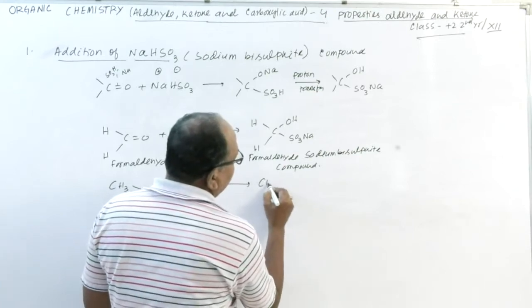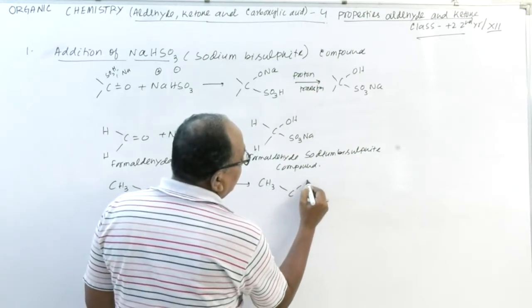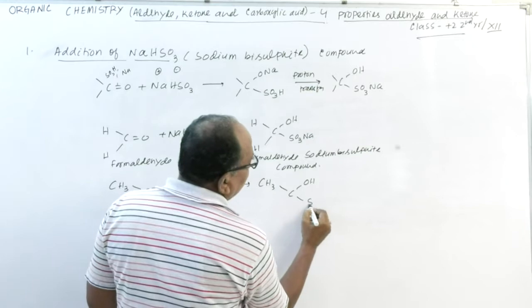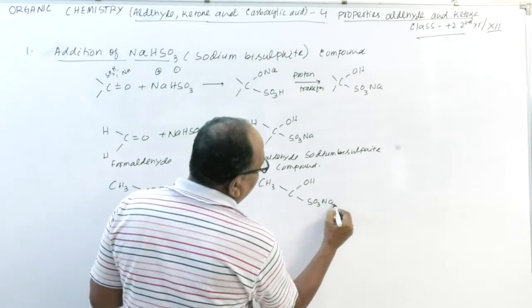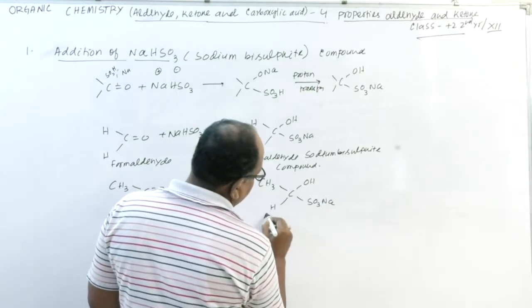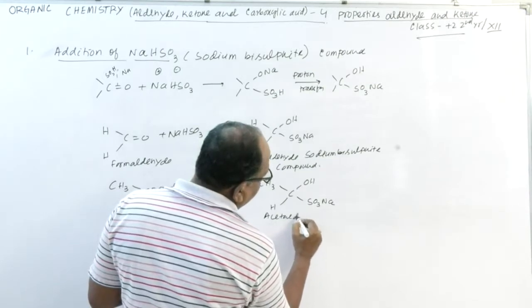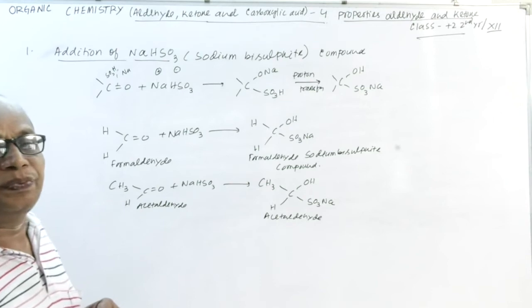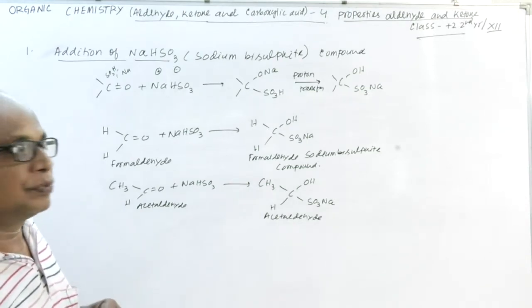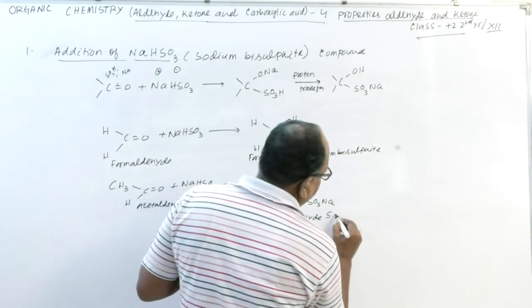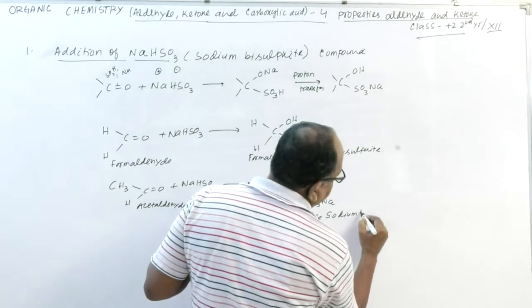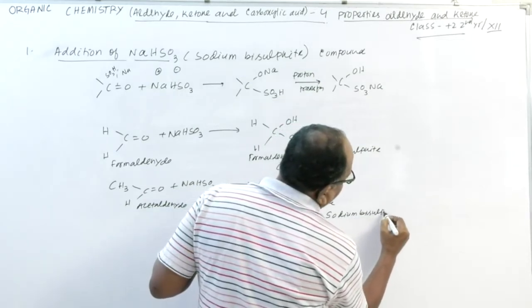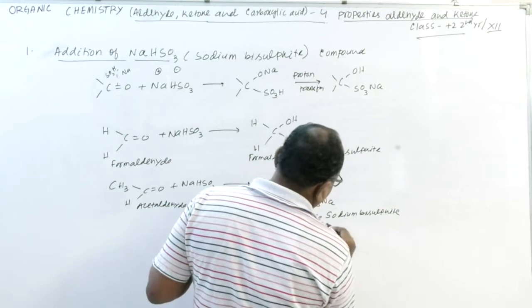The product is CH3CH(OH)SO3Na. This is called the acetaldehyde sodium bisulfite compound.